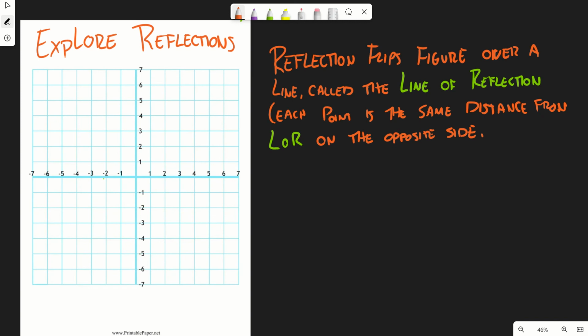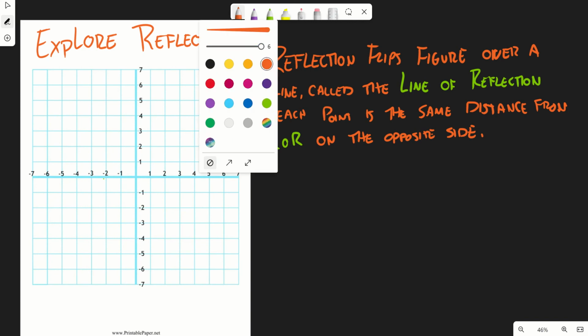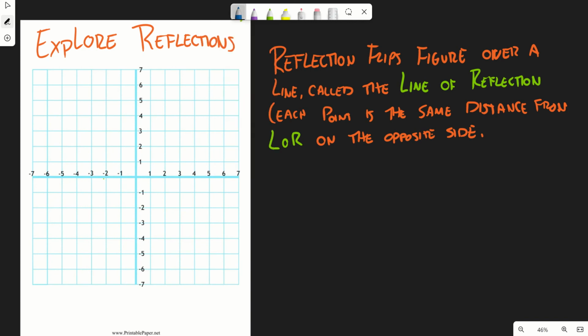Okay, so what that means is if I were to have a figure here, if I had a figure on my graph and it was, we'll say, a backwards F. Okay, and so at this point we have a point here, here, here, here, and here.